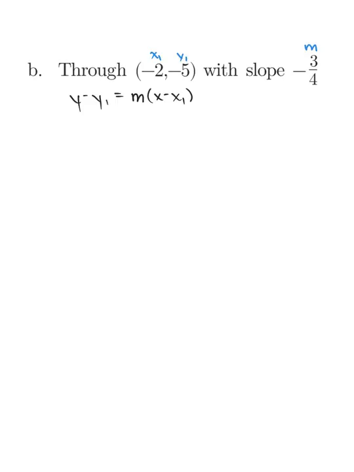So now when we plug these values into our formula, we get y minus -5, which becomes +5, equals -3/4 times x minus -2, which becomes x plus 2.